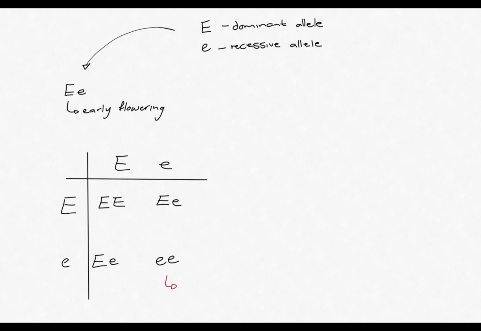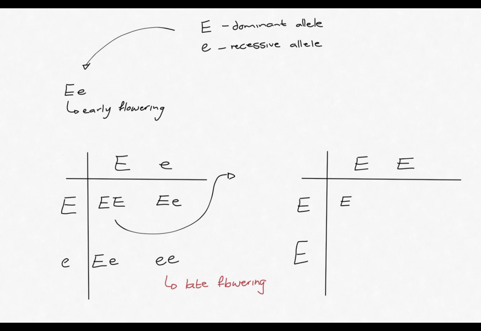So first, there would be a homozygous recessive gene. So this means it would be late flowering. We will then take the early flowers, hopefully this time homozygous dominant flowers, and crossbreed them. When we do this enough times, we have a greater chance of picking the homozygous dominant genes, and all our offspring will be early flowering plants.